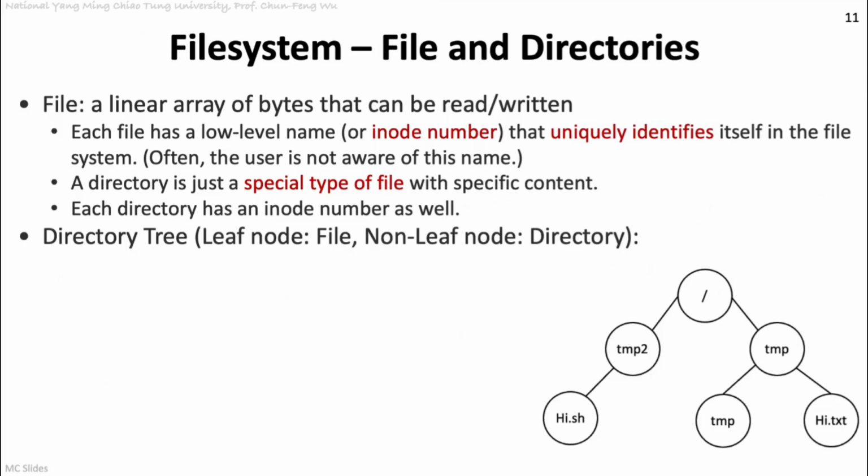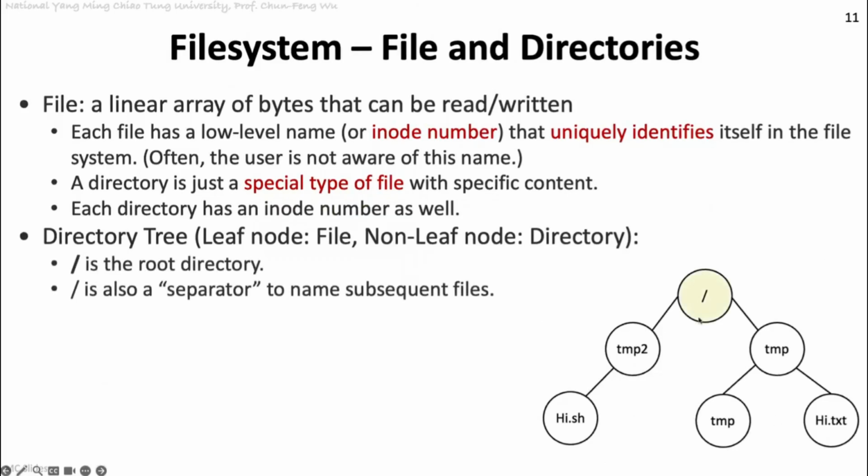The third thing is that Linux uses a directory tree to help navigate where the data is. The directory tree looks like this. It always starts from the root. The topmost node, the slash, means the root directory. After the root directory, for each node we use a separator, and we use the slash as the separator.